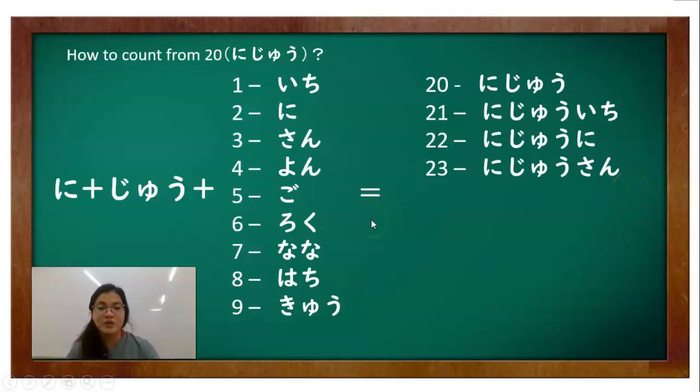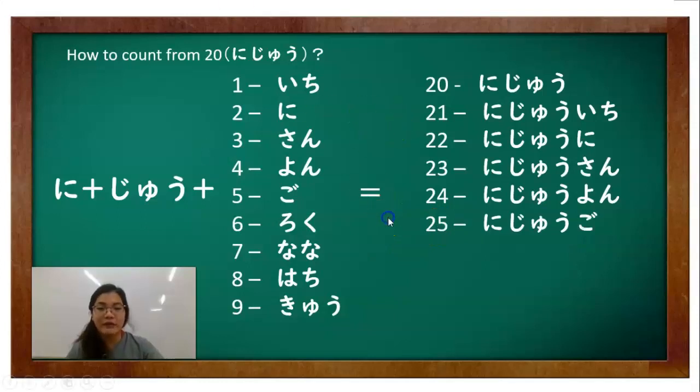Next, 24 is ni ju plus 4, which equals ni ju yon. How about 25?